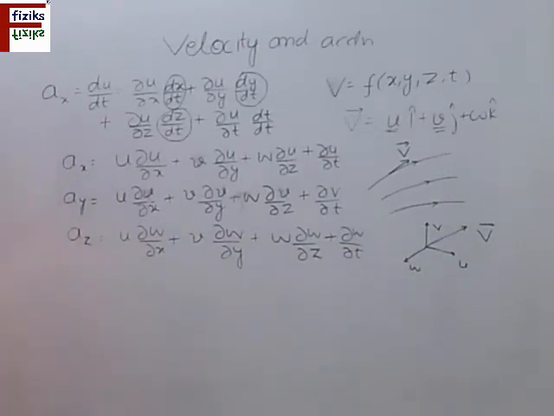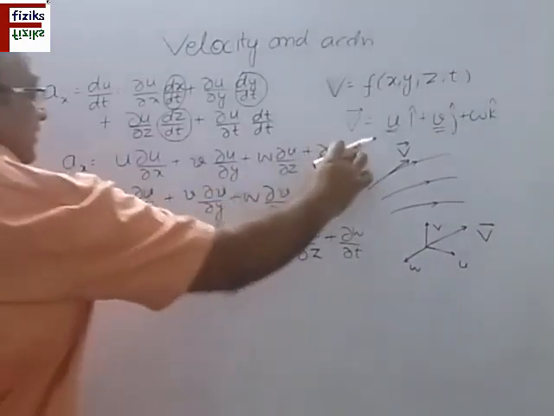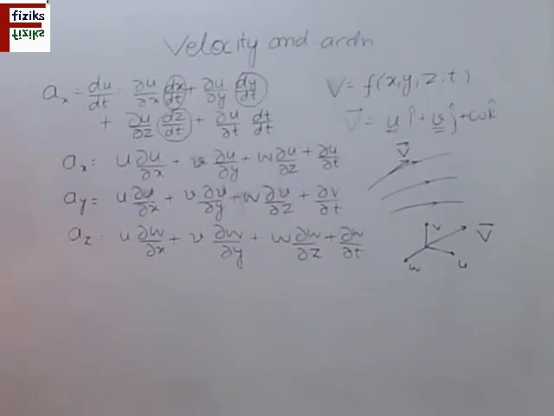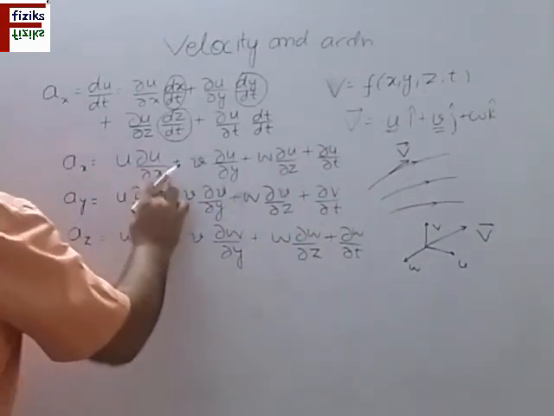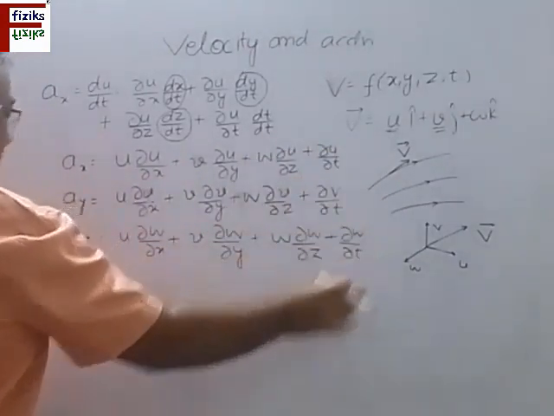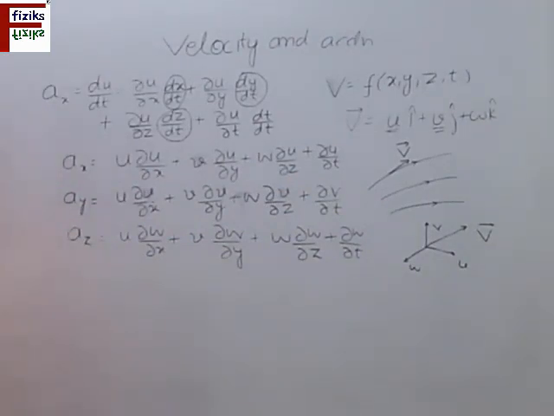Now, in these terms, there are three terms, one in each, which are varying with respect to time, and the other terms except these three are varying with respect to space.